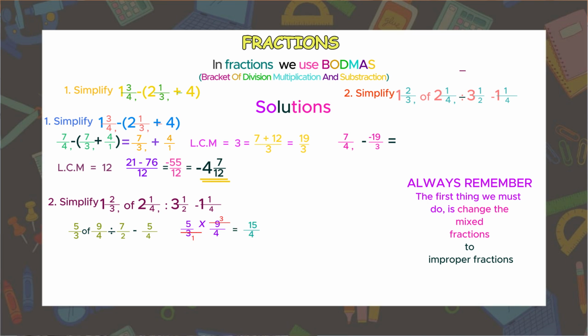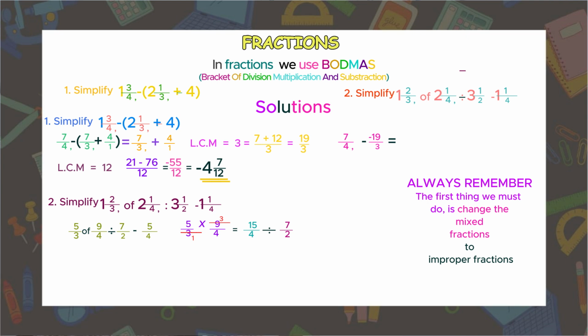The next thing is to look at the division sign, the bracket of division, which is over 2 here. Now, when we say division sign, you are going to transpose the division. That is, you change division to multiplication, and when you are doing so, the denominator will become the numerator, and numerator becomes the denominator.